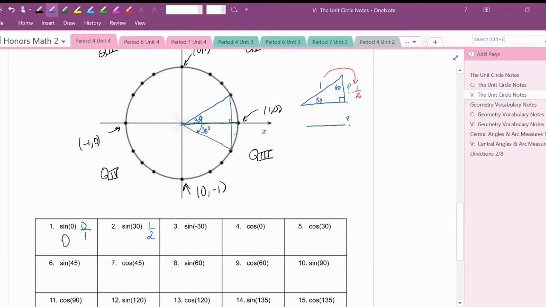And now my side opposite has to have a negative value, right? Because this y-coordinate would be negative. So again, the negative indicates the direction. And then I've got the same ratio, opposite over hypotenuse. So this would be negative 1/2.